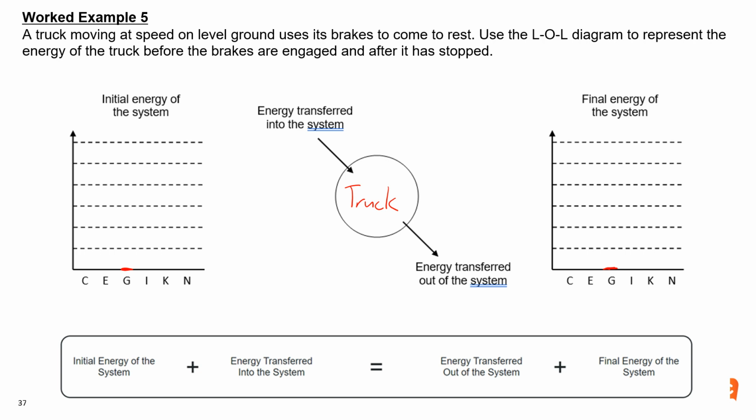It uses its brake to come to rest, so the kinetic store finally is going to be 0. Let's say initially it's moving very fast, so for the kinetic store initially, I'm going to put 5 units, for example. No nuclear store, no nuclear reactions.